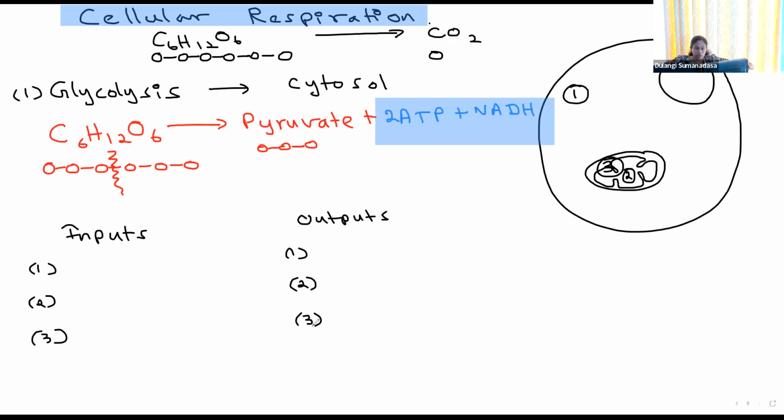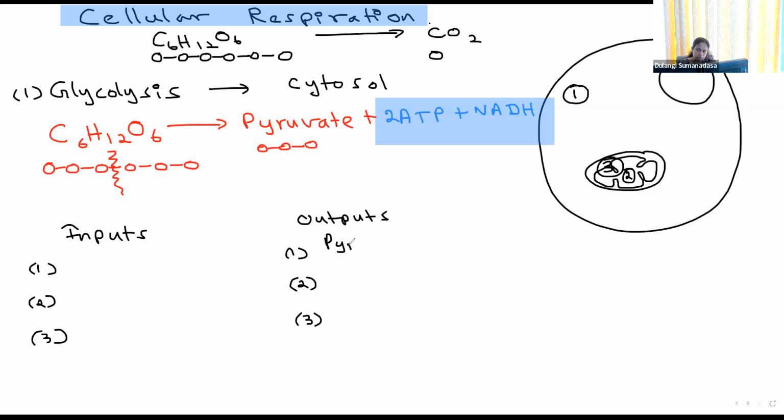Start with the carbons first and then go to the energy. Finish. Always start from the carbon.